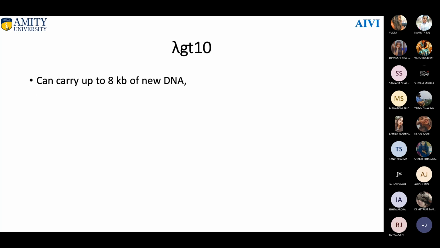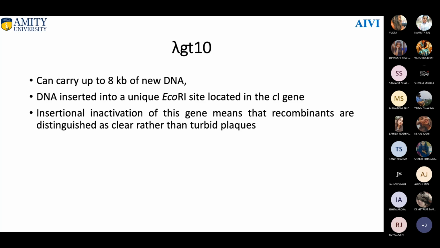The first example I mentioned is lambda gt10. It can carry up to 8 kb of new DNA. When you say 8 kb, it means only 5 kilobase pairs of the non-essential segment have been removed. DNA is inserted into a unique EcoRI site located in the cI gene.